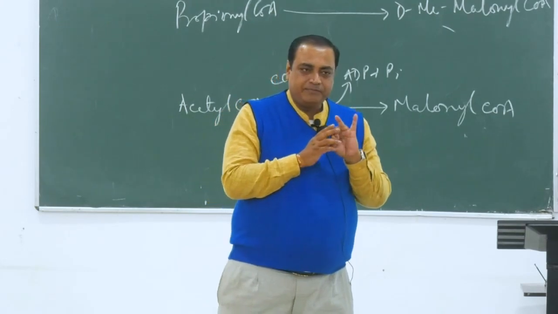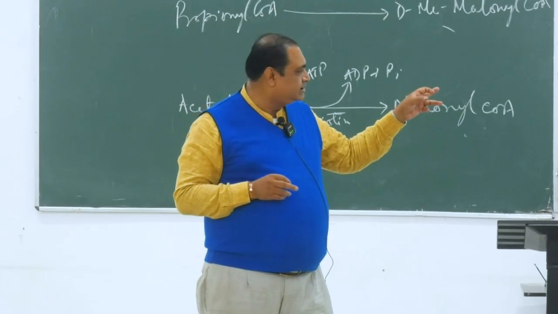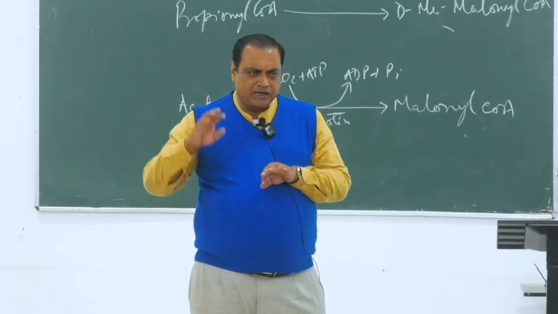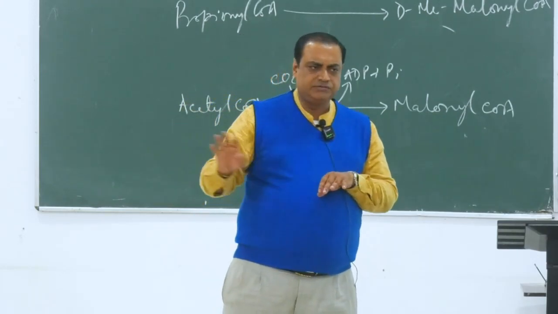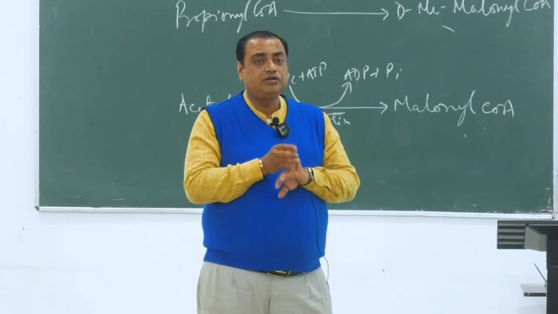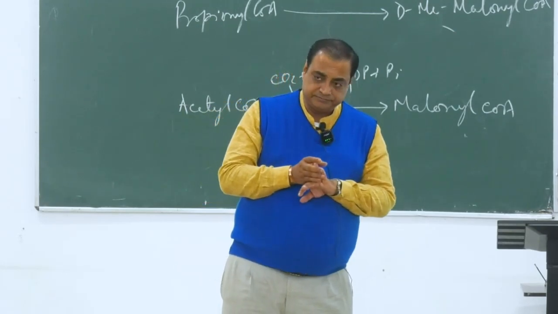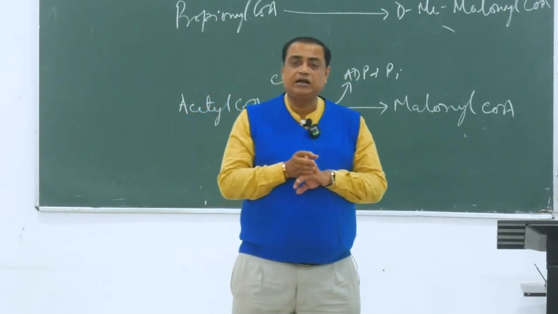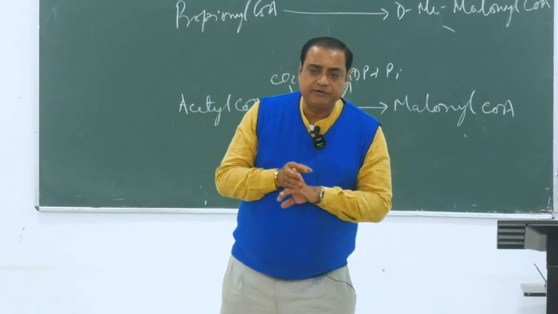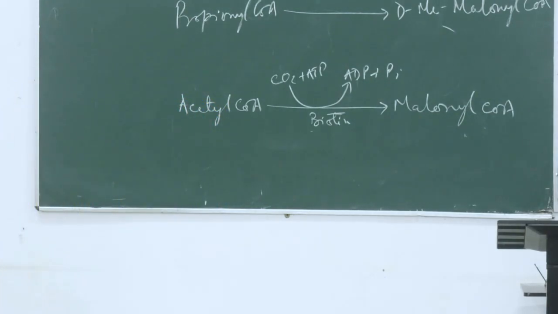So they participate in two types of reaction: decarboxylation and transamination. All transamination reactions must require PLP. Without PLP, no transamination can take place. But there are a few decarboxylations which do not require PLP. Write down: ornithine decarboxylase, one of the enzymes of the polyamine biosynthetic pathway.